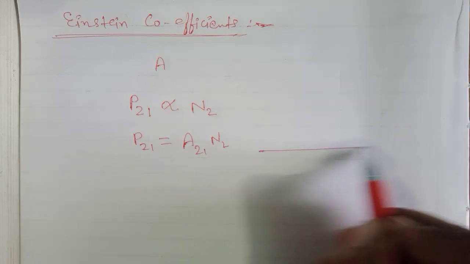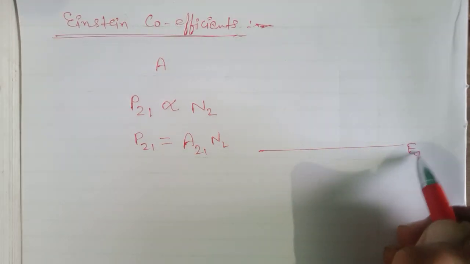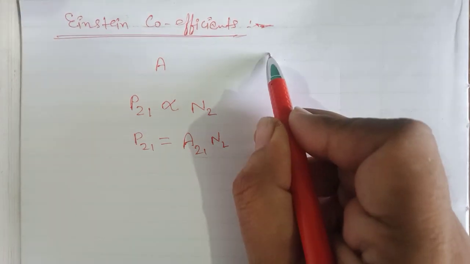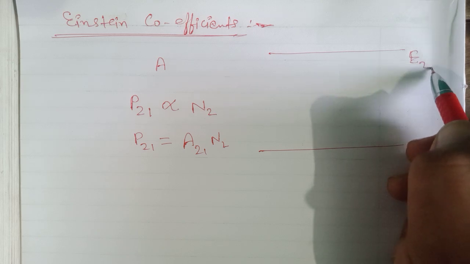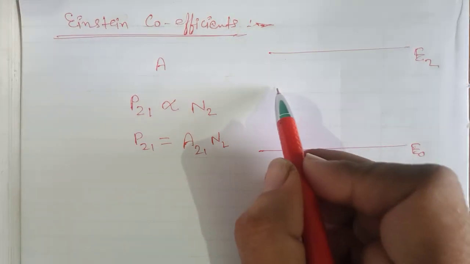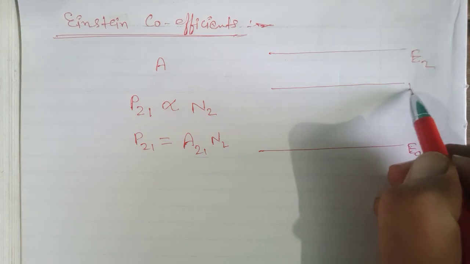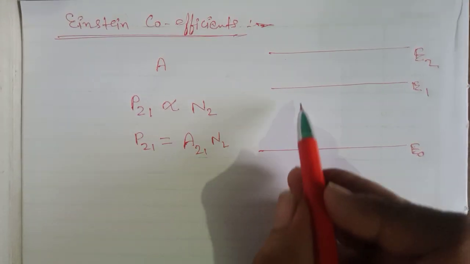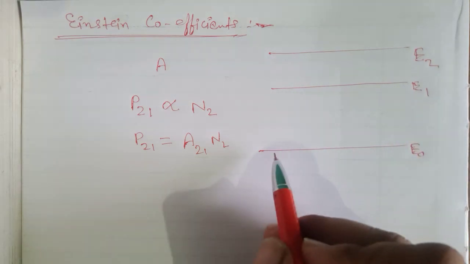Suppose there are three energy levels. One is ground energy level represented by E0. Another one is excited energy state, that is E2, and there is an intermediate state called E1. This is called metastable state. Meta means semi-stable, right?